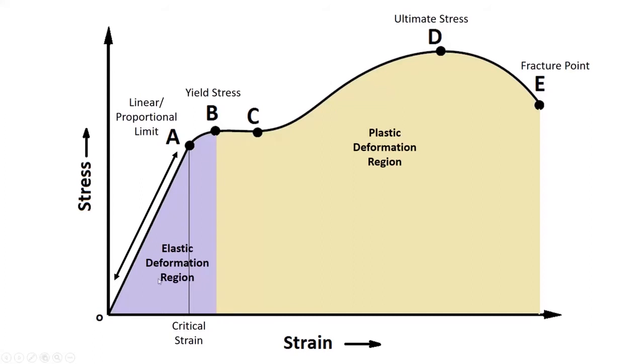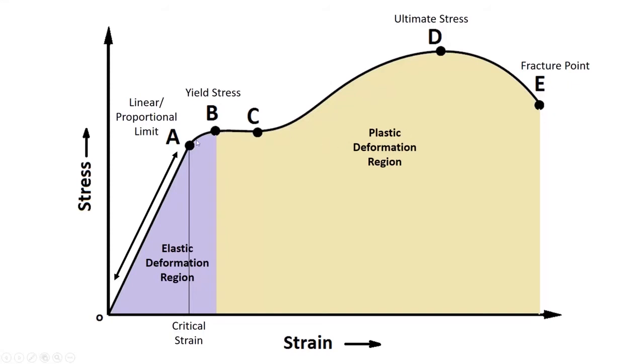The elastic region is where, however much you deform within the elastic region, you should be able to come back to its original point, so you don't permanently deform the structure of the network. However, once you pass this proportional limit where Hooke's law is in place, and you reach the yield stress, you start to enter the plastic deformation region.